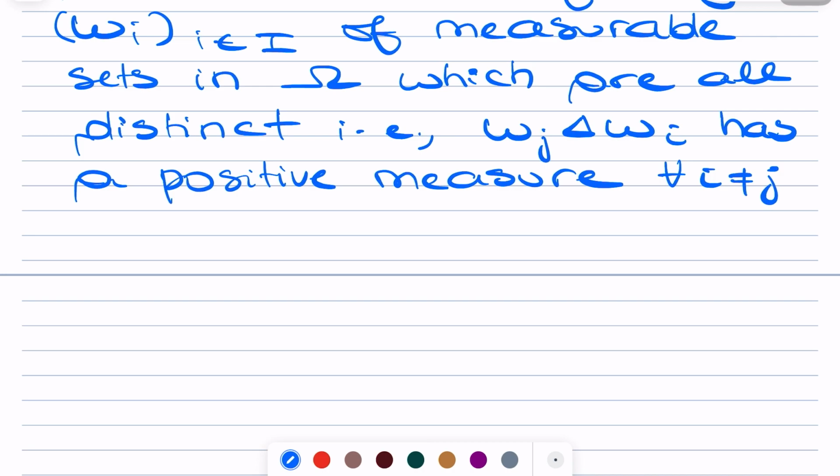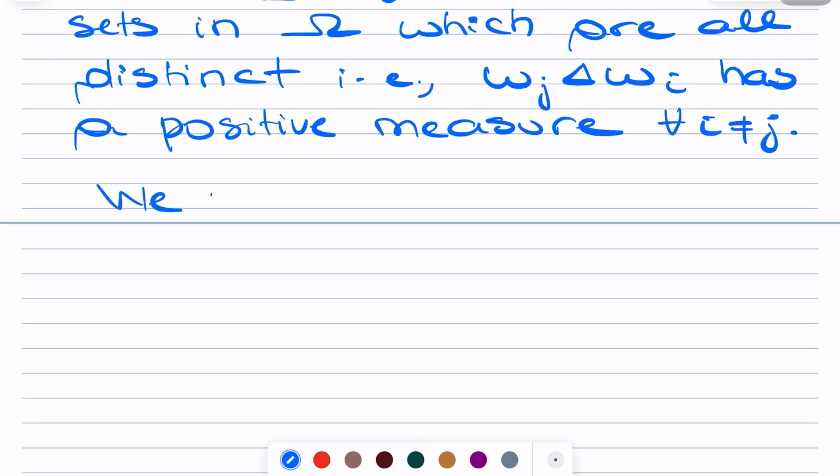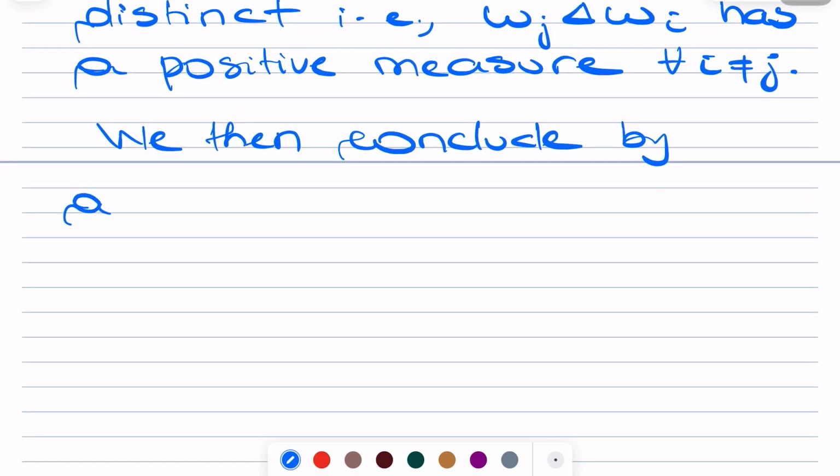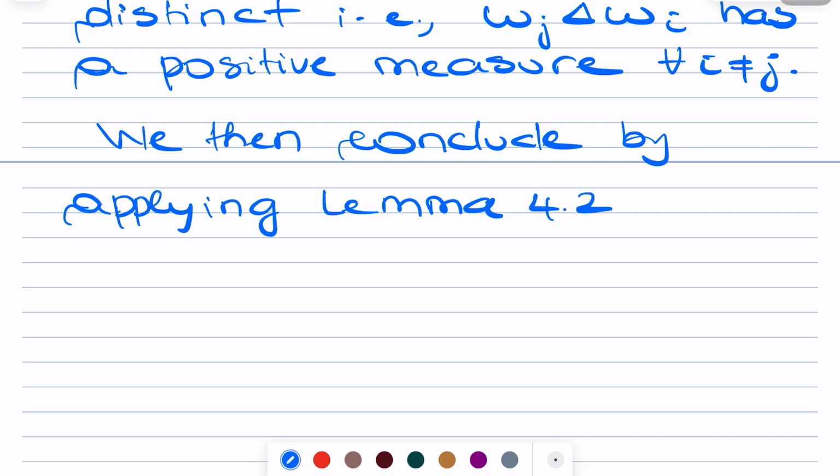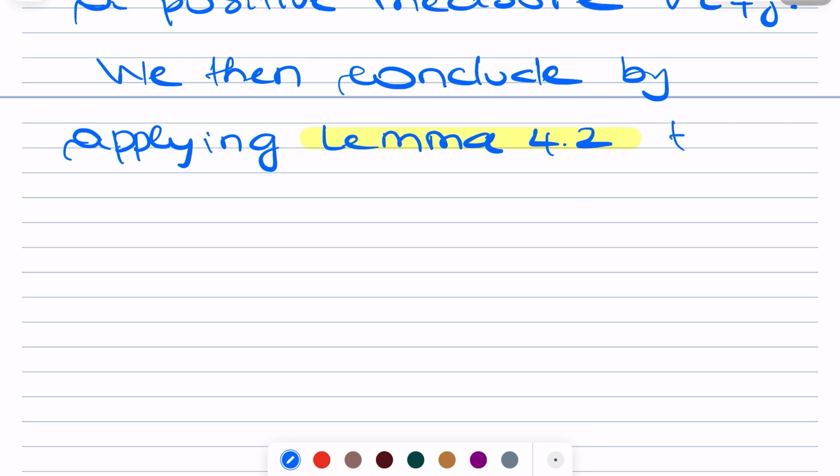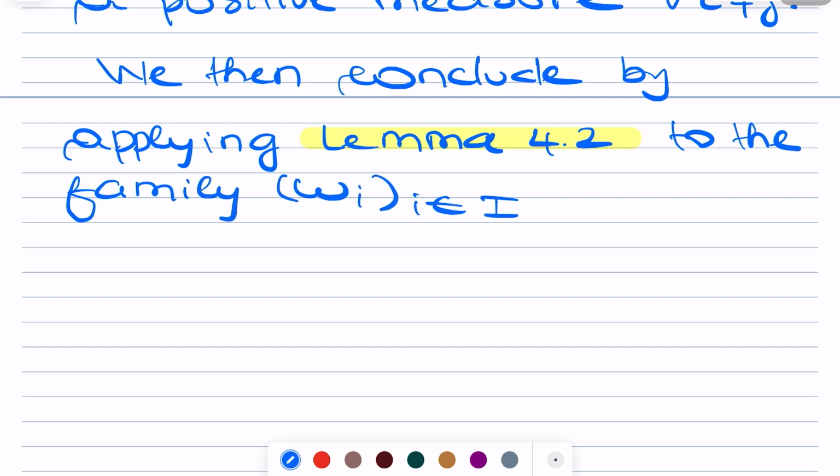So we then conclude by applying lemma 4.2 to the family W_i.